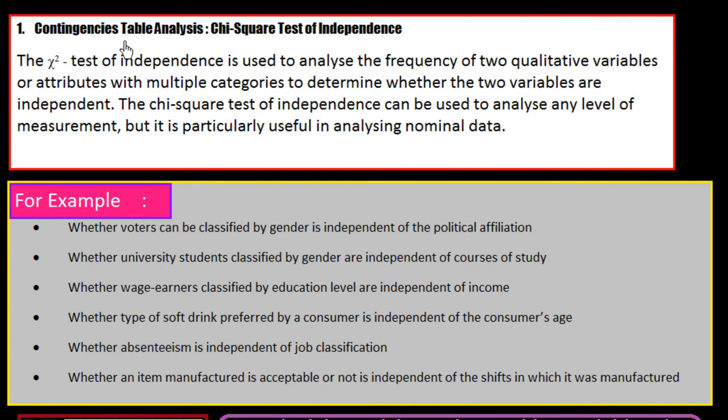So look at here, the chi-square test of independence is used to analyze the frequency of two qualitative variables or attributes with multiple categories to determine whether the two variables are independent. The chi-square test of independence can be used to analyze any level of measurement, but it is particularly useful in analyzing nominal data.